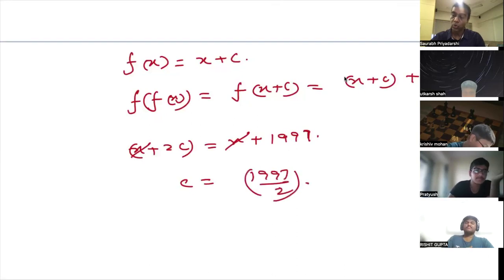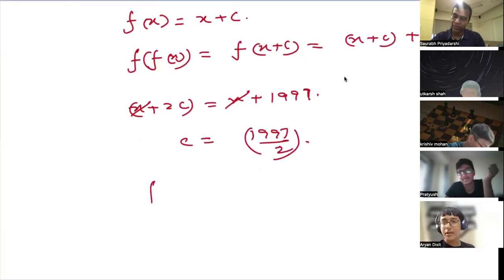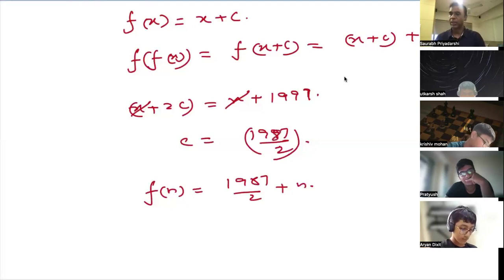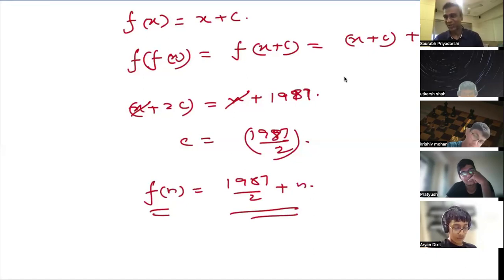1987 is odd, so it will not matter. And this is a one-to-one function, so our claim is a contradiction in this form.